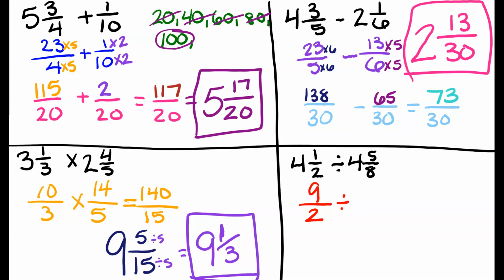And 4 5/8 is the same as saying 4 groups of 8, or 4 times 8, which is 32, plus 5, which is 37, all over 8.